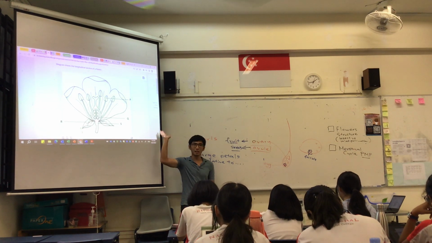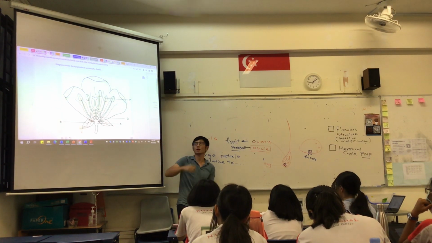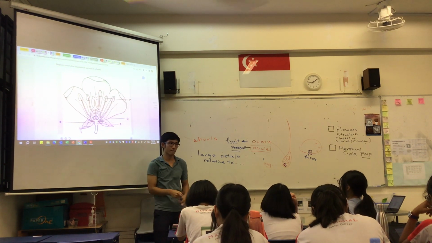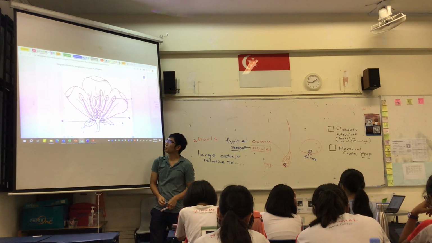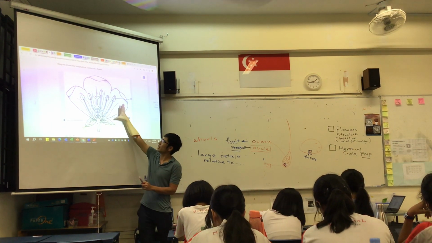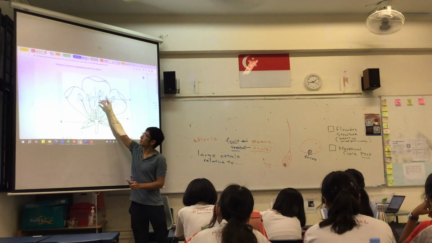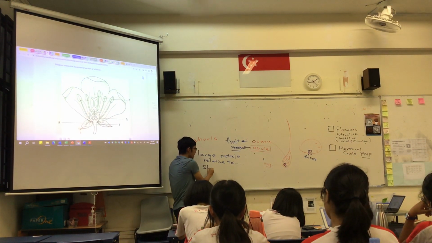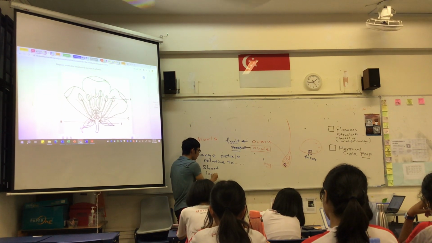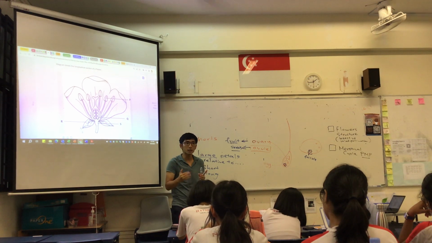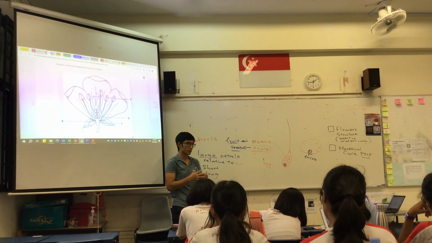Anyone mention nectar guides? Yeah? Okay, so there's something you could mention. These lines over here are supposed to be nectar guides. Okay, if you want to say, oh, the filament of the anthers, the style of the stigma is short or long, things like short, long, large, small need to be made relative to its own flower parts.